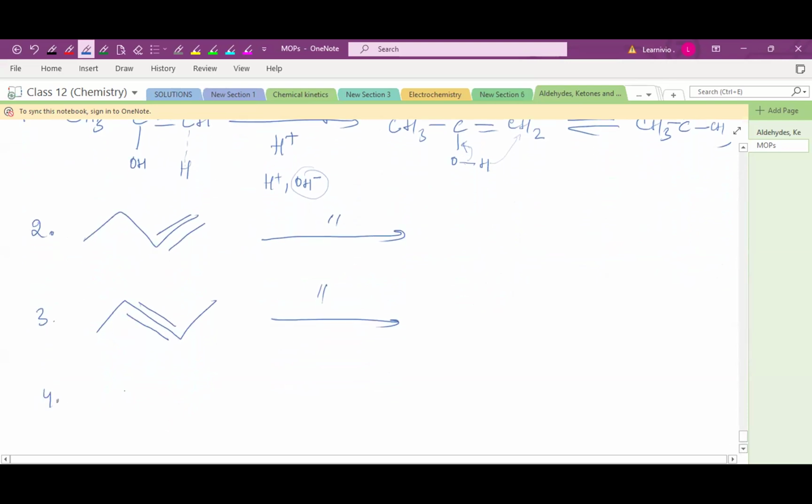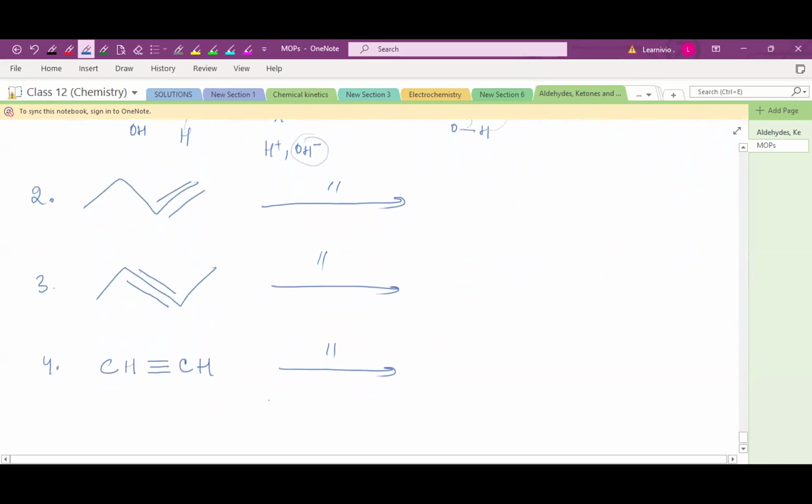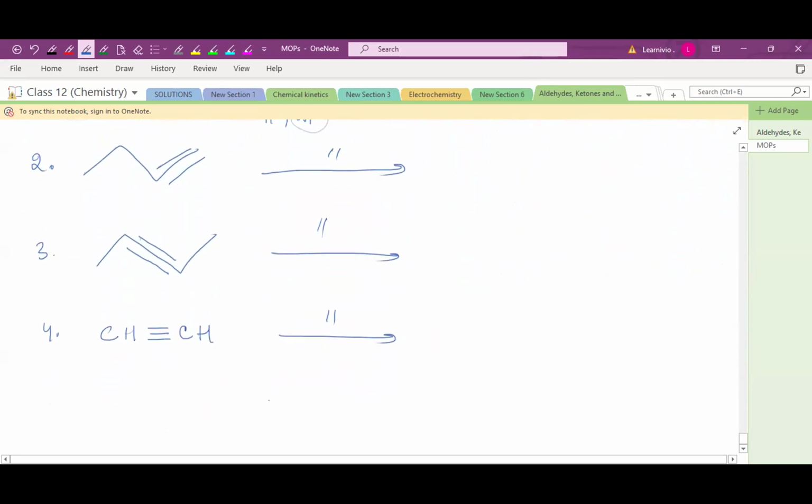The fourth one is CH, triple bond CH, same reagent. Just quickly do that and tell me the answer. Remember the steps: use the Markovnikov addition rule. OH should be attached to that carbon which has less amount of hydrogen.